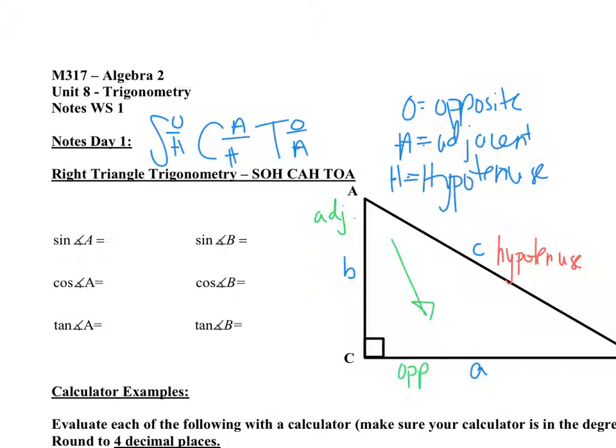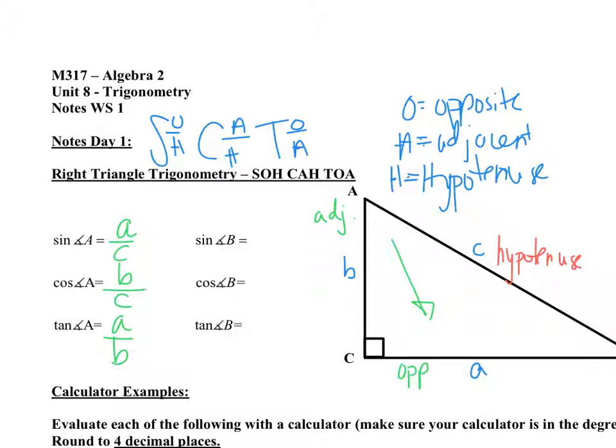Sine of A is opposite over hypotenuse, so opposite is a, hypotenuse is c. Cosine is adjacent over hypotenuse, so adjacent is b, hypotenuse is c. And tangent is opposite over adjacent, so a over b.